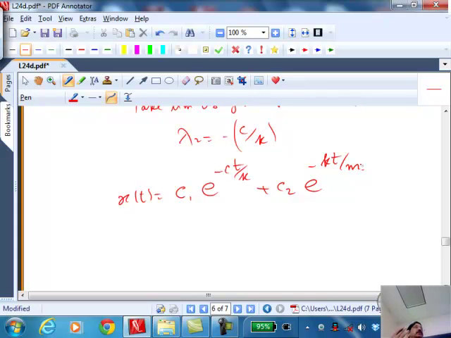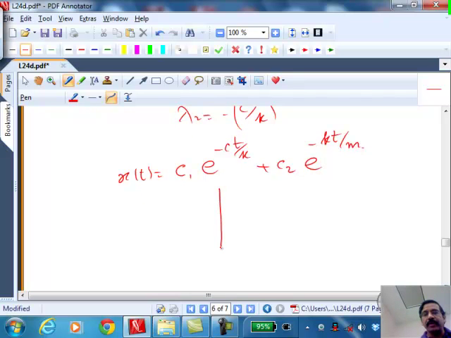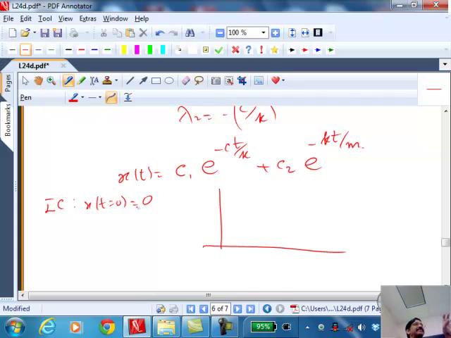Okay, so there are, of course, two integration constants, and you need to find out the integration constants from two initial conditions. This is an initial value problem. Okay, so when you sketch this profile, suppose I will pick one of the initial conditions as x at t equal to 0 is 0. Initially, the mass is at rest at initial position, and then I apply a perturbation of force, causing it to oscillate. Okay, and I want to look at the response.